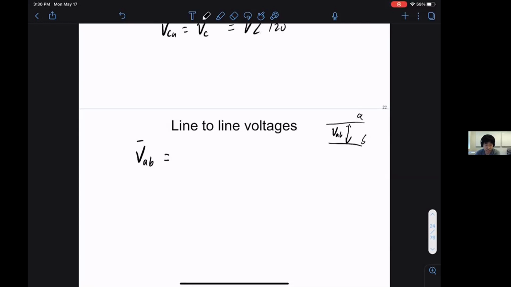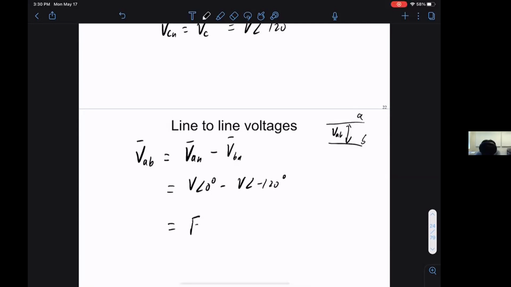This is VAN minus VBN, the line to neutral voltage of phase A minus the line to neutral voltage of phase B. So this is V angle 0 minus V angle minus 120 degrees. It turns out this is √3 V angle 30 degrees.